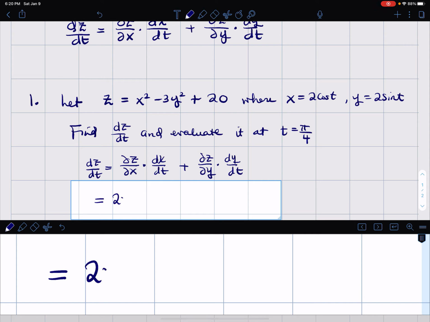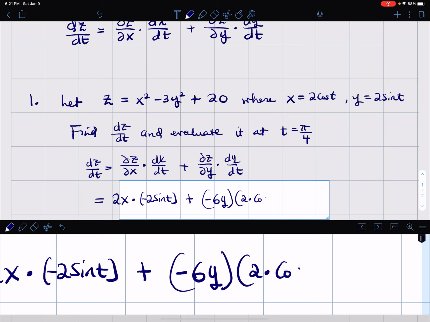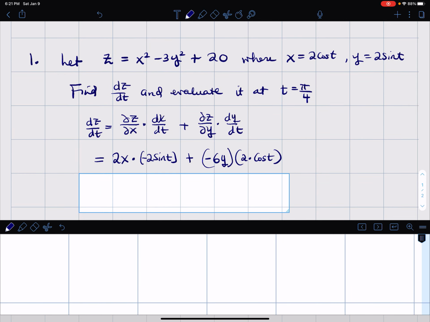So this is just 2x. The derivative of x with respect to t is negative 2 sine t, plus minus 6y, that's the derivative of z with respect to y, minus 6y times 2 cosine t.